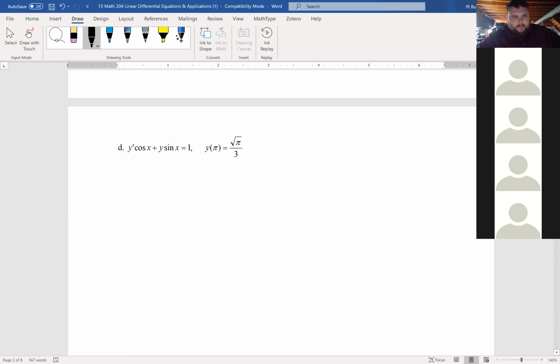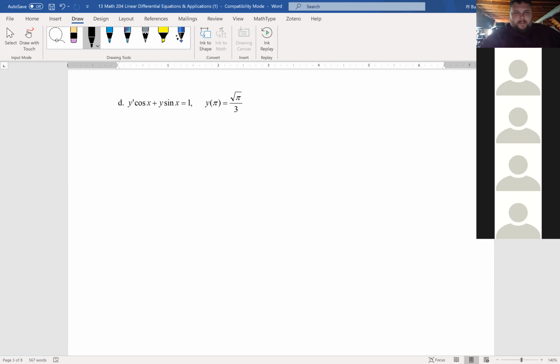Guess let's try D here. So again, the first thing I have to do is get it in the correct format. So I need y prime by itself, which means I need to divide through by cosine here. So y prime plus, this is going to be y times sine over cosine equals 1 over cosine.